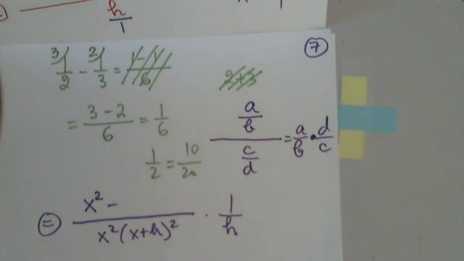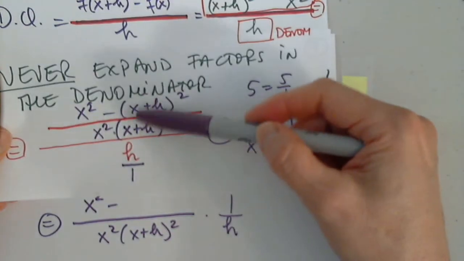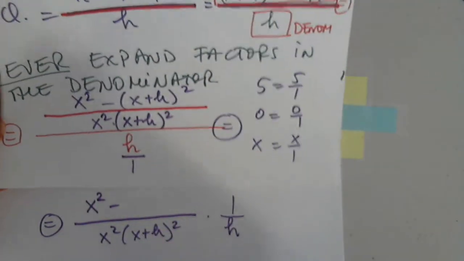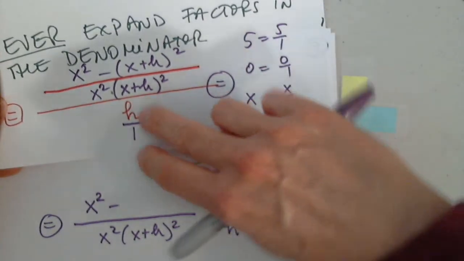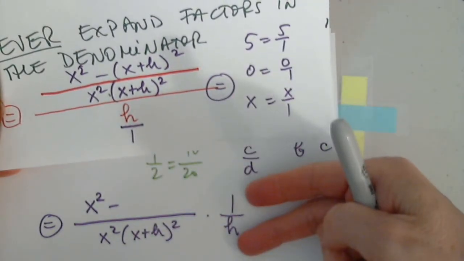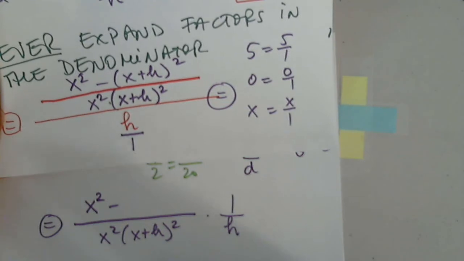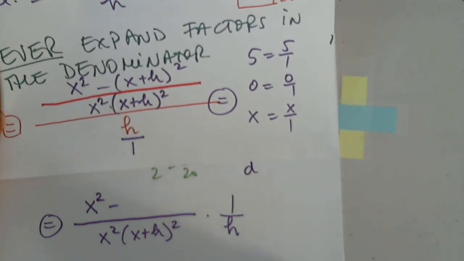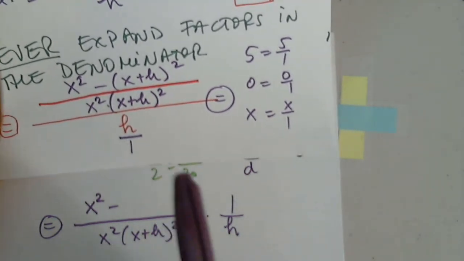And that's what we did. We copied this. I didn't finish because I want to simplify it. I don't want to write it again. Times 1 over h. Everyone with me? Yes? Okay, perfect. Stop me if you have questions.